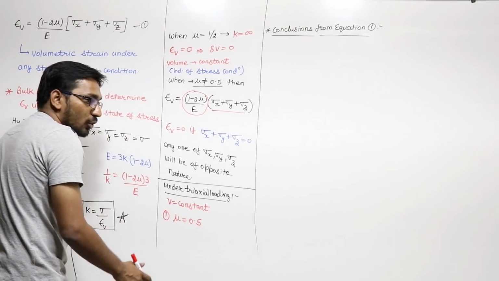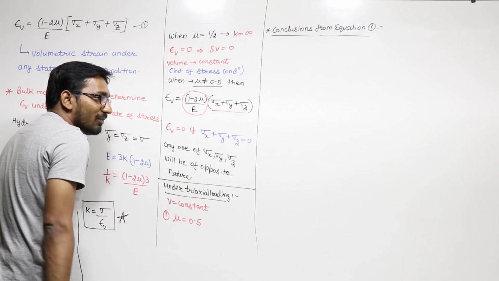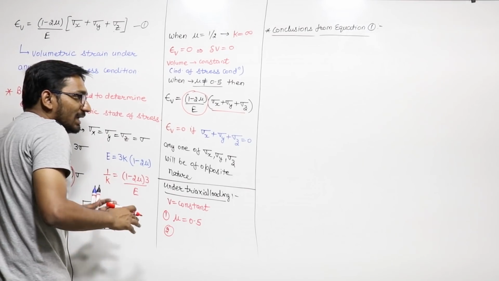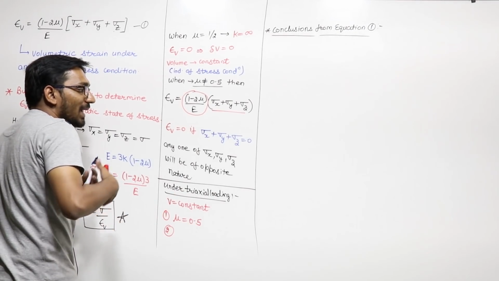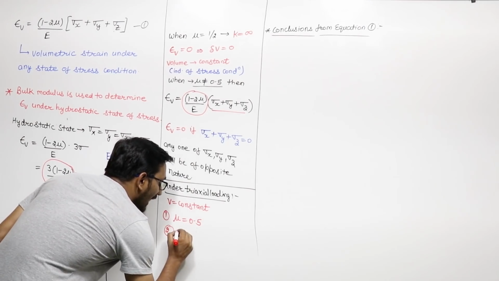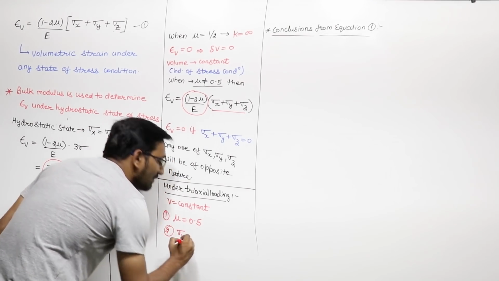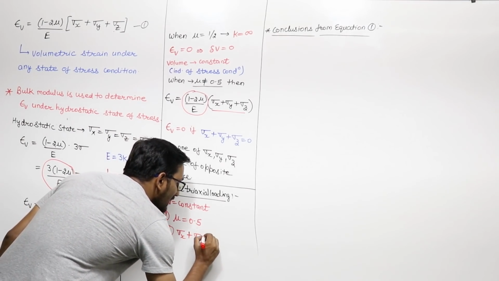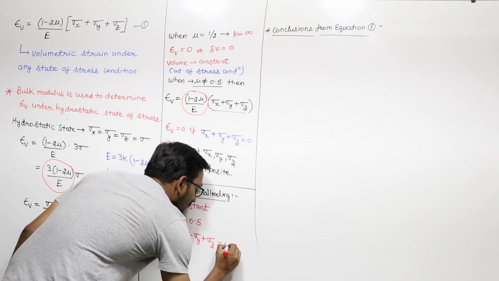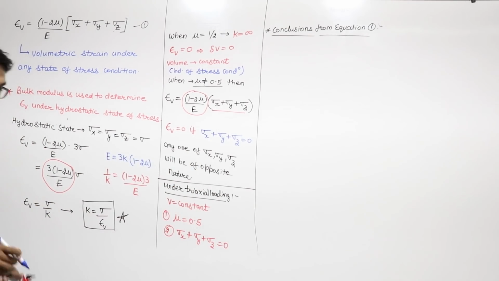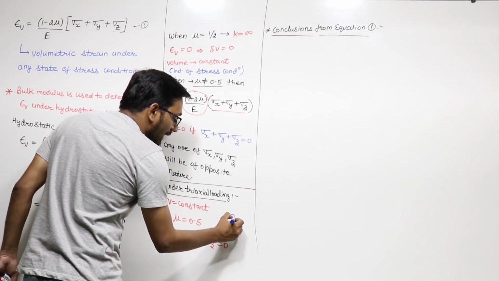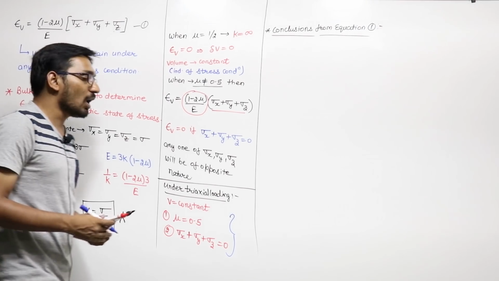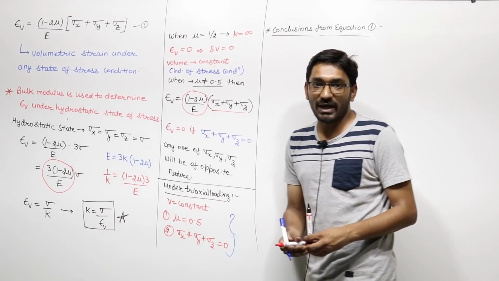If you have no material with mu as 0.5, the other option is you can apply the load such that any one of sigma x, sigma y and sigma z is of opposite nature, so that sigma x plus sigma y plus sigma z will be equal to 0. That means under triaxial loading there are two possibilities to make the volume constant, or the volumetric strain 0.